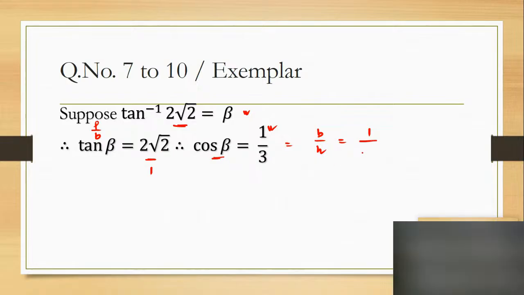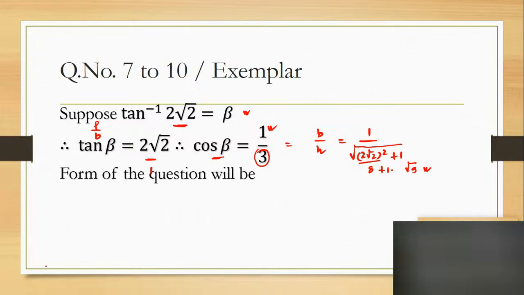So the square of 2 root 2 is 4 into 2 equal to 8, plus 1, so the square root of 9, and the square root of 9 is 3. So I have written this one.